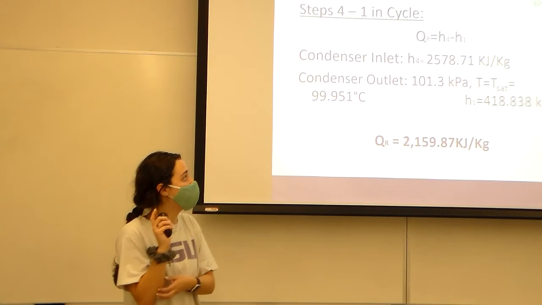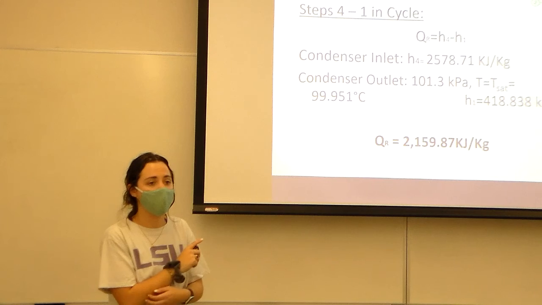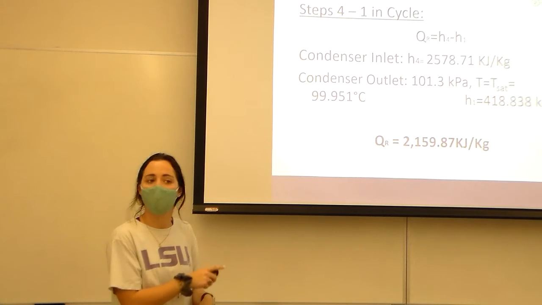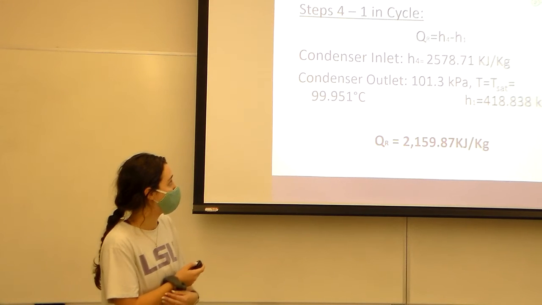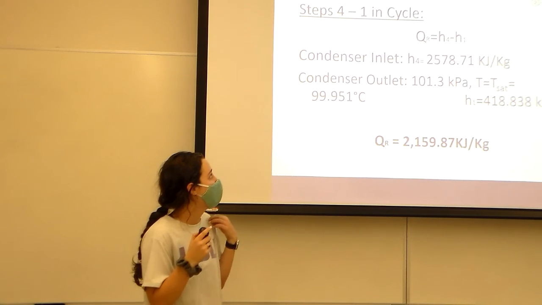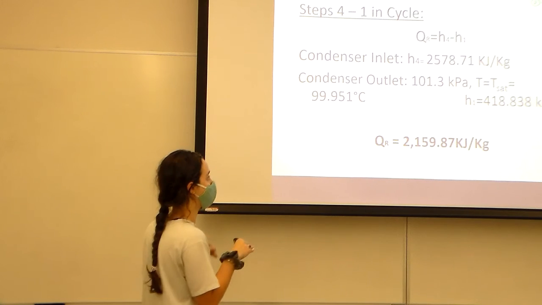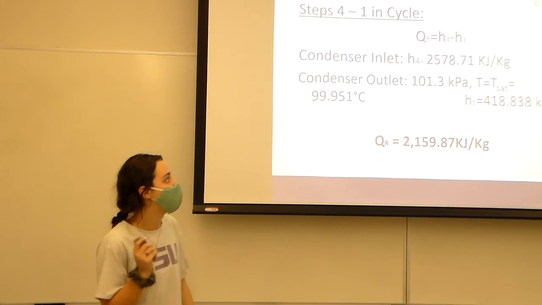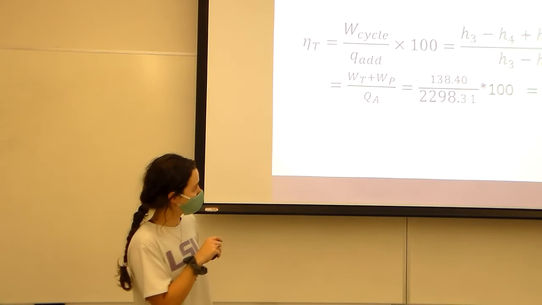And then the final part is going from after the turbine back to the beginning, where the steam is reconverted into water to start the cycle over again. The condenser inlet is the turbine outlet, so those state values were used to find the heat that was released from that process.